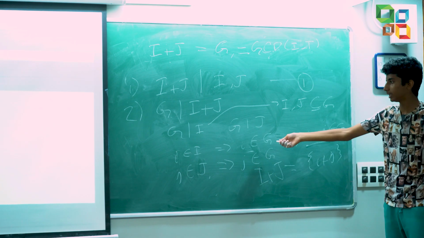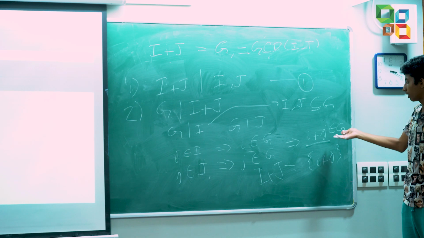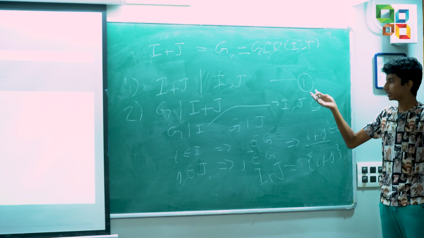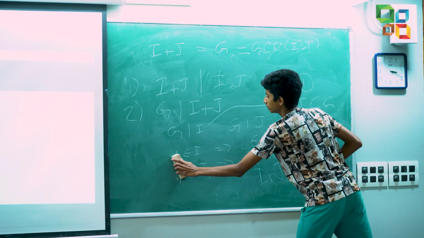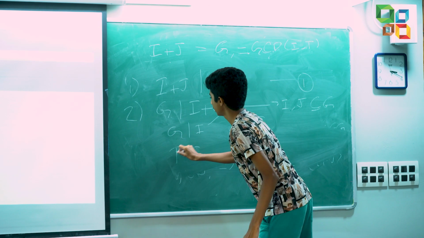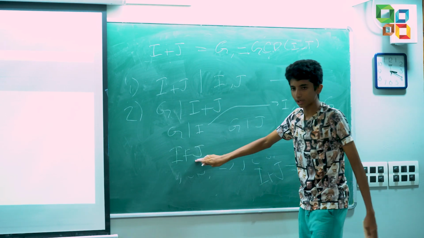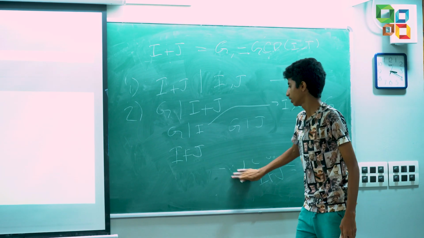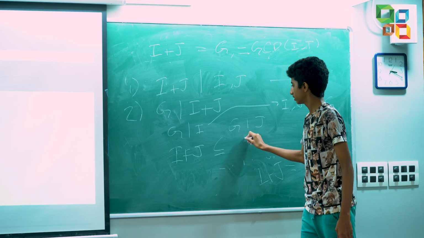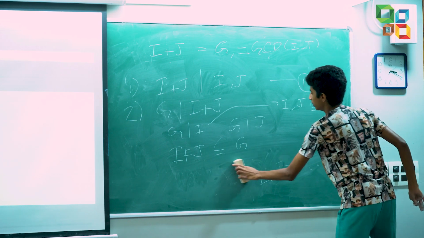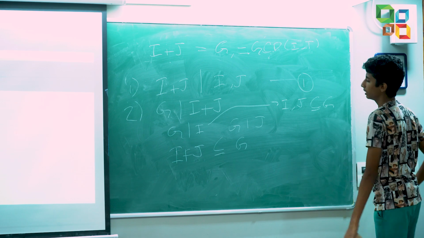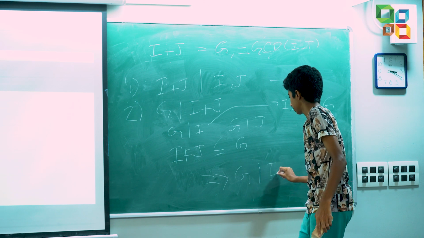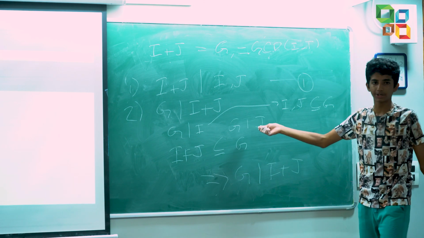We showed that G contains all numbers of the form I plus J. Essentially, G is a superset of I plus J. All elements of I plus J that are of the form small I plus small J are contained in G, and by the divisibility definition, G divides I plus J. Is the second argument clear?